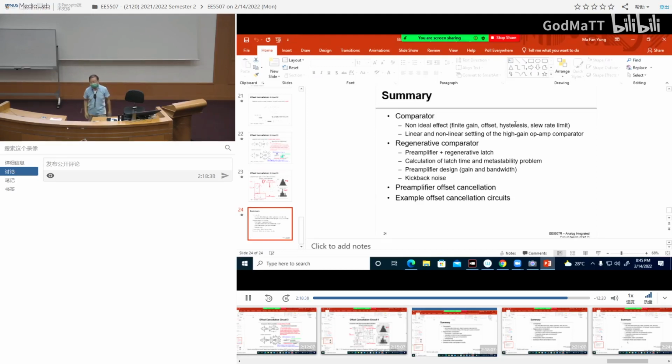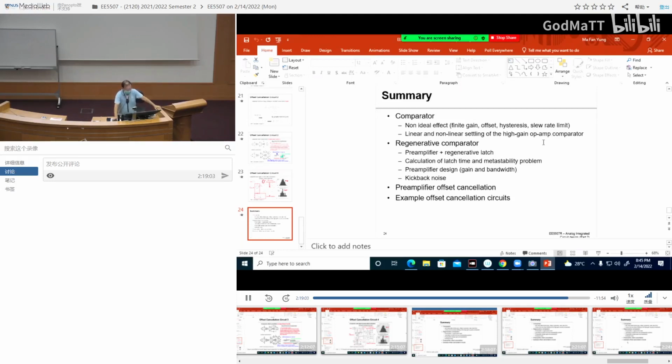But if you add a cross-coupled positive feedback load, you will get some hysteresis. But you have to be very, very careful. You cannot put too much positive feedback because the whole thing will not work. So you can add a little bit of positive feedback to give you the hysteresis. Slew rate is because of the finite output current you have.